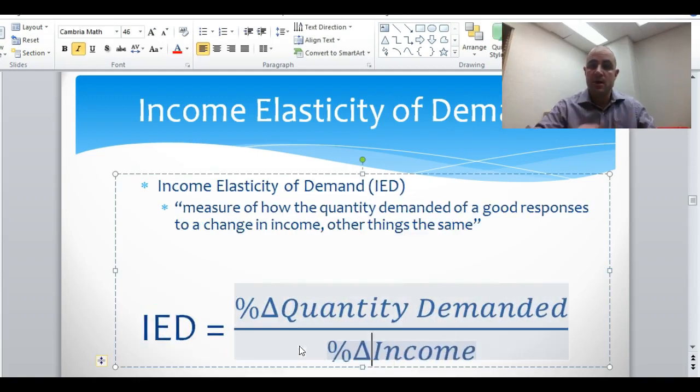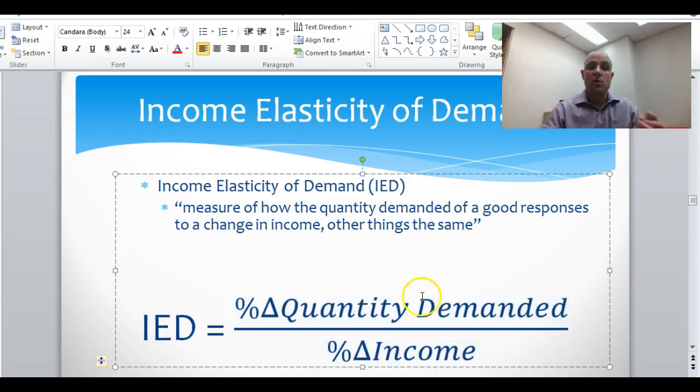The percentage change in income is calculated as income 0 minus income 1 over income 0 plus income 1. So it's calculated the same way, but this is the basic idea.